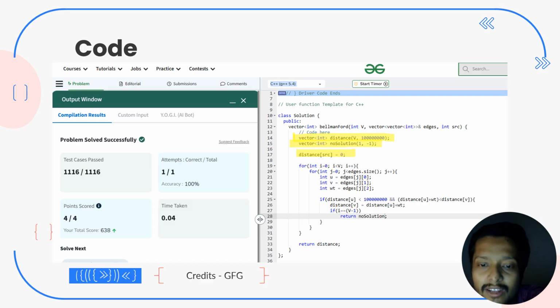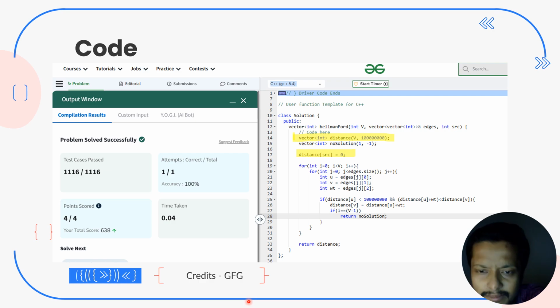This line over here, which I highlighted by mistake, was actually part of the requirement from GFG, that if there is no solution, we have to return this vector, but you can ignore this at the moment. What you can focus on is that initially the distance is initialized to infinity and the source distance is initialized to 0.